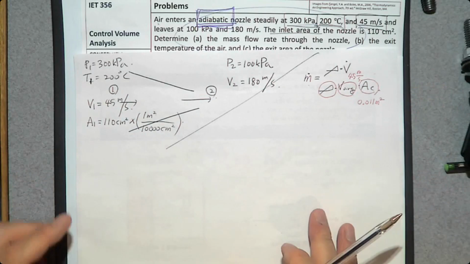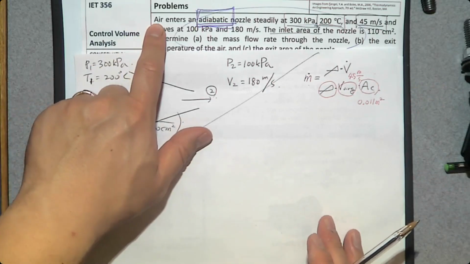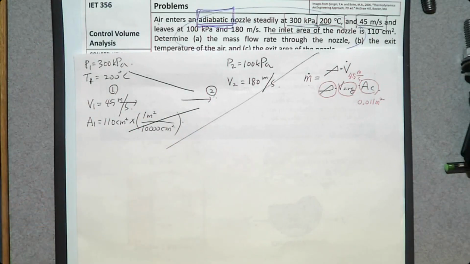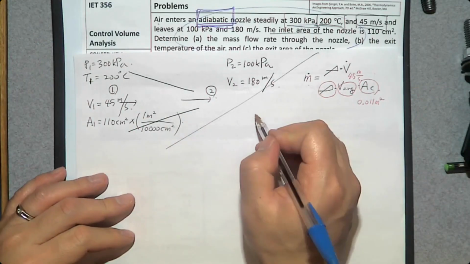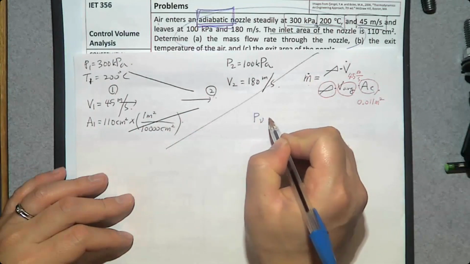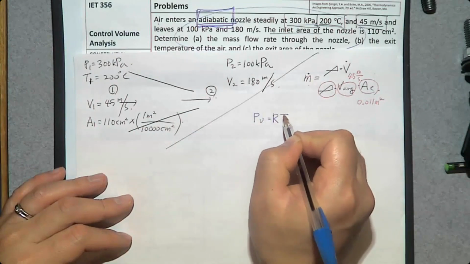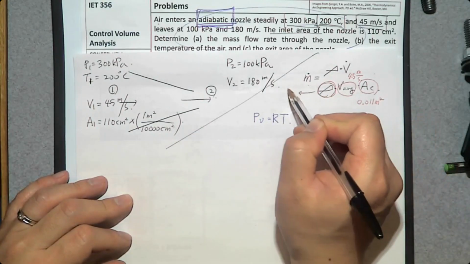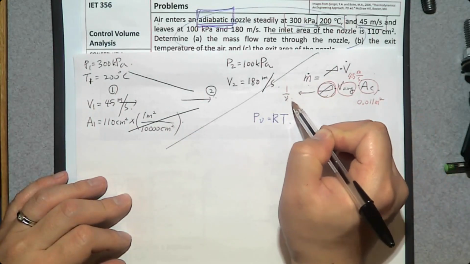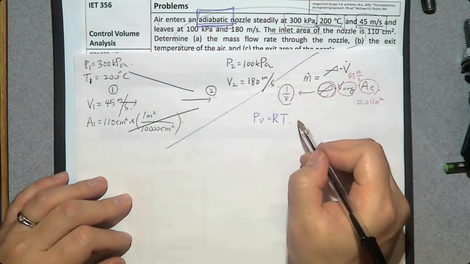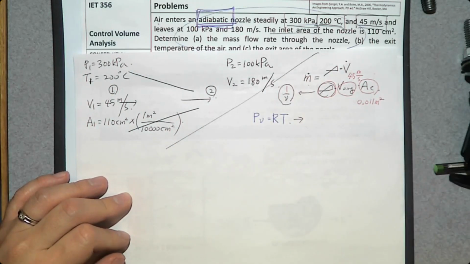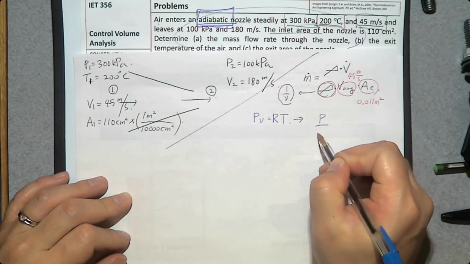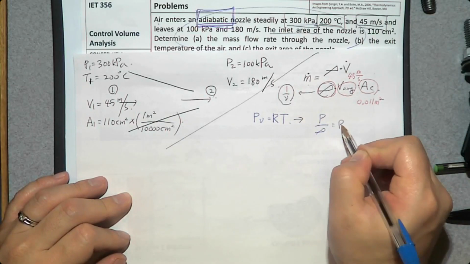And how can we determine the density of air? Air is a pure gas, so we can use the ideal gas equation of state, which is PV is RT. By the way, this density is the inverse of specific volume, so this equation can be written as P over density is RT.